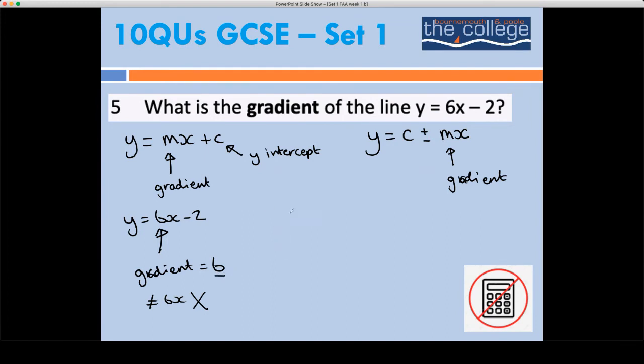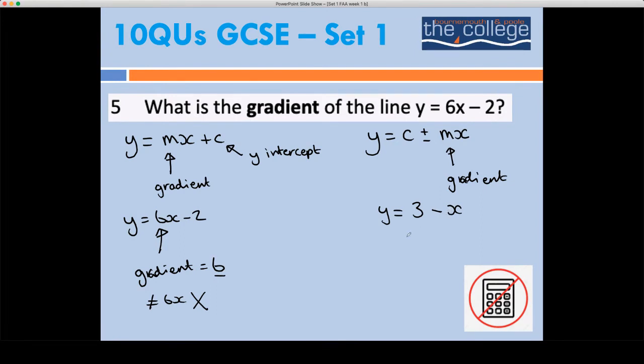Now, if you had an example over here, y equals, let's say 3 minus x, okay, well, the gradient is not 3. The gradient is the bit that's stuck on the x. Now here, what is the number stuck on the x here? When you don't see a number in front of the x, there is an invisible 1 there.